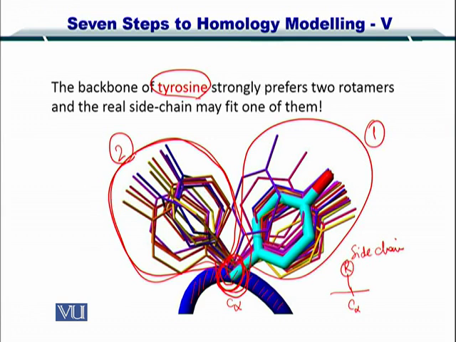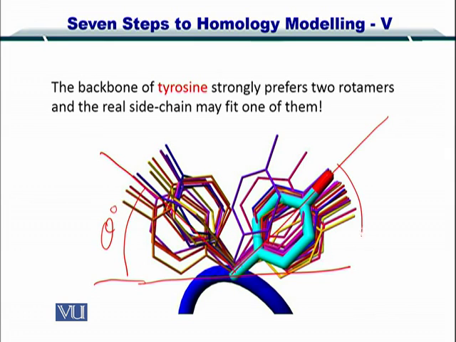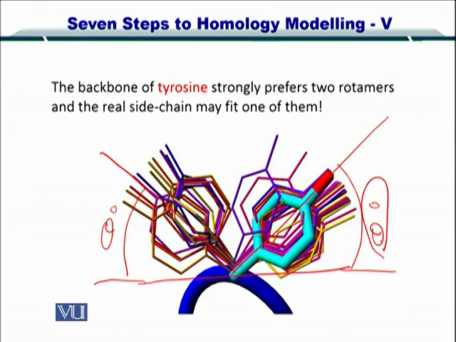By looking at the preference of tyrosine, you can set the torsion angle, that is the angle between the backbone, carbon alphas and nitrogens. These two angles are preferred, and therefore you can attach the rotamer sidechain according to the preference.